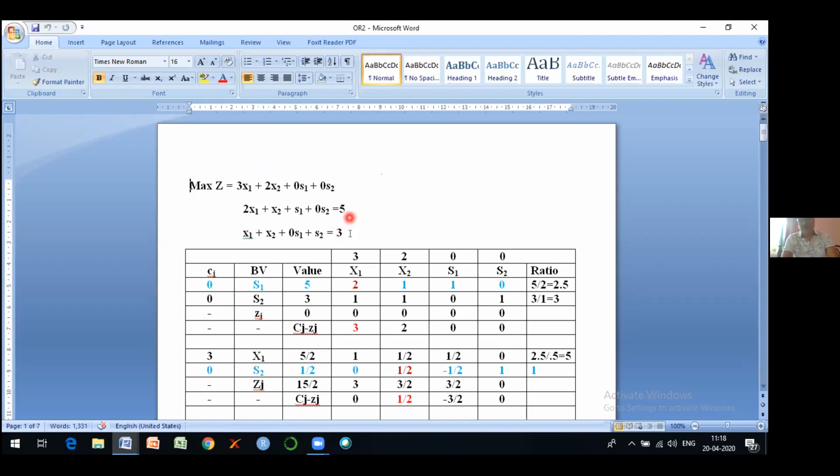So this is our modified problem, right? From the original problem, our task is to make this modified problem.